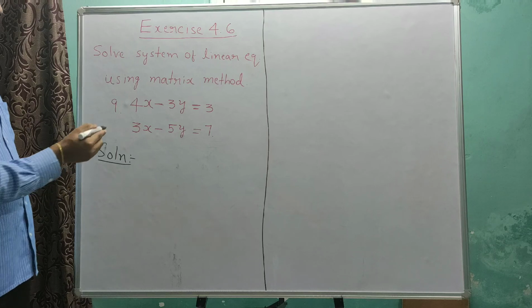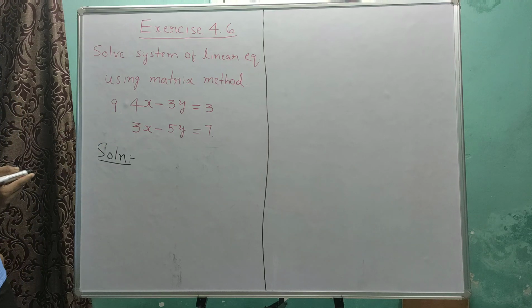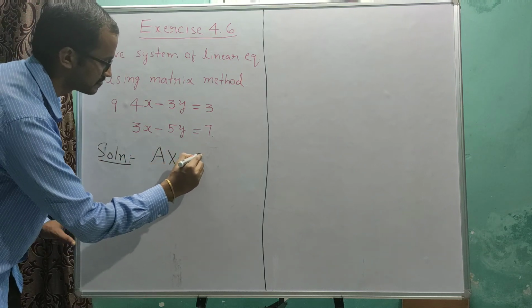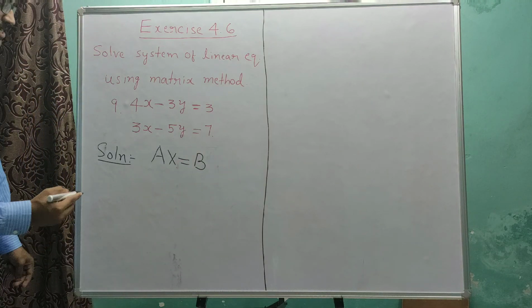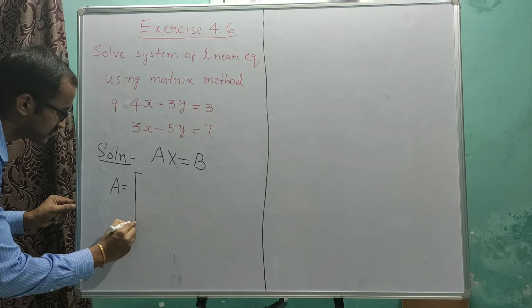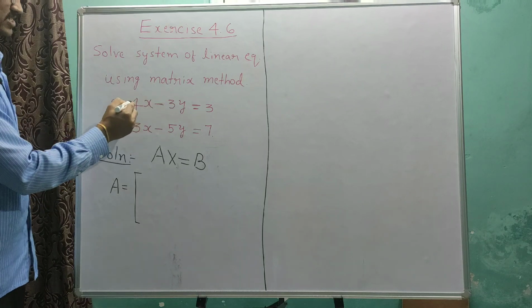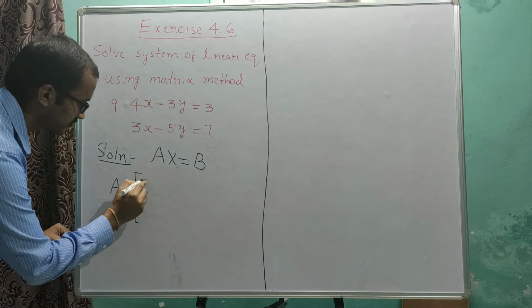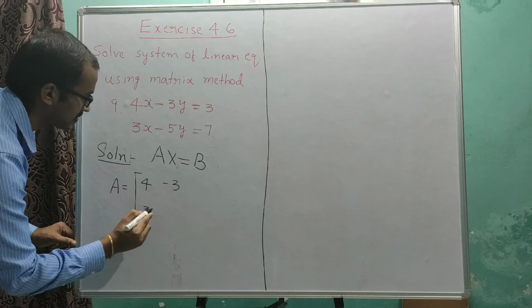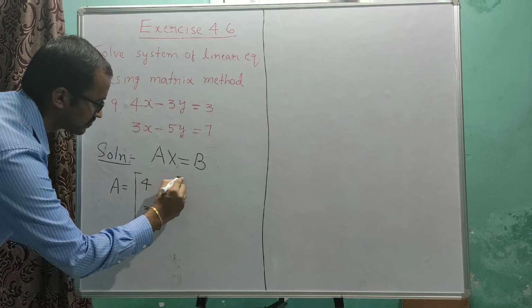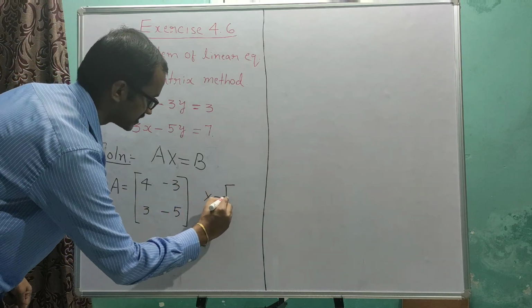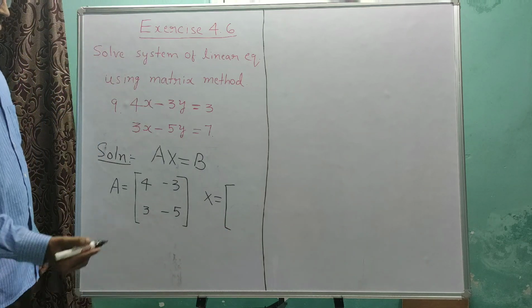First we write the system of linear equations in the matrix form, that is AX is equal to B, where A is the coefficient matrix containing the coefficients, that is 4, minus 3, 3, minus 5, and X is the column matrix containing the variables.